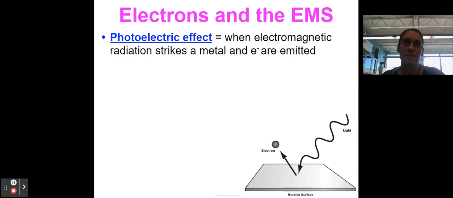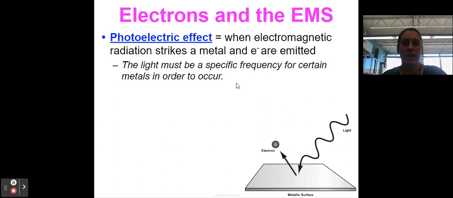This was an experiment that was done by some physicists, and basically what they did is they shined light down on metal, and if they were able to hit a certain threshold, electrons were emitted. So when electromagnetic radiation strikes a metal and electrons are emitted, this is called a photoelectric effect. So the light must be a certain frequency in order for this to occur.